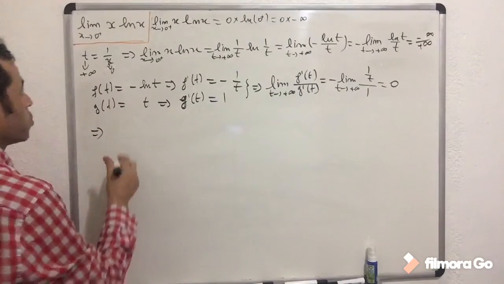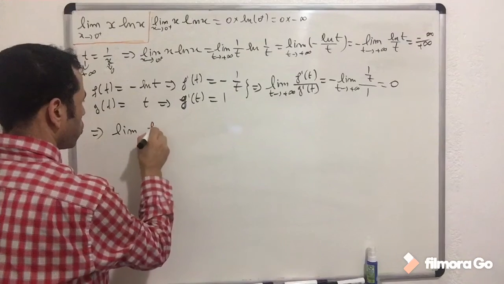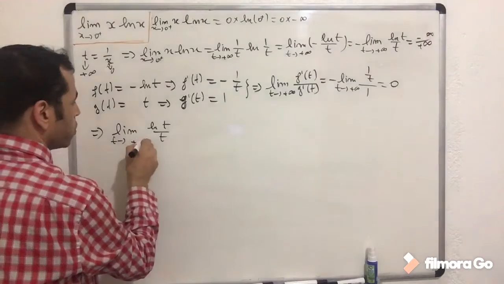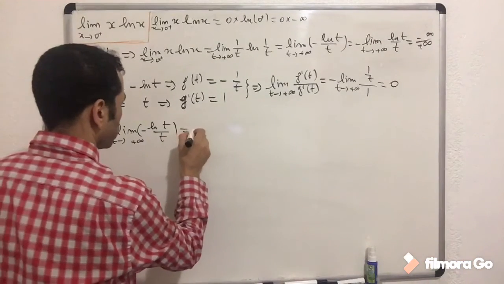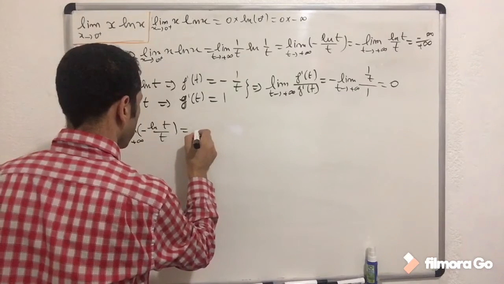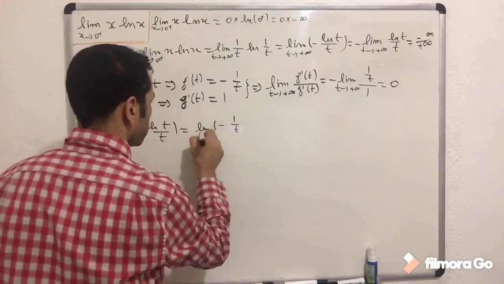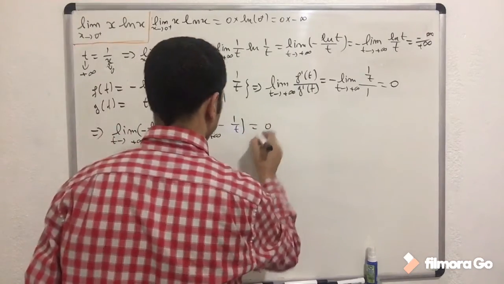So the limit of negative natural log of t over t, as t goes to infinity, equals the limit of this term, minus 1 over t as t goes to infinity, which equals 0.